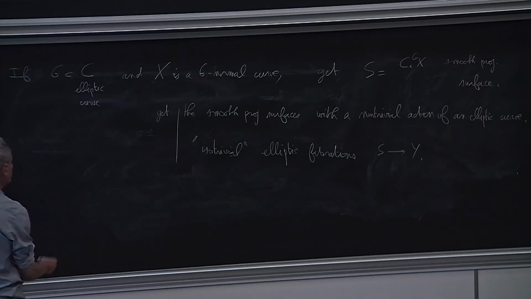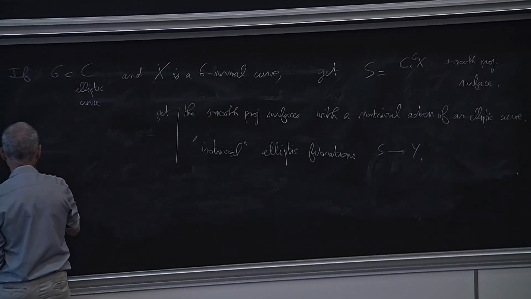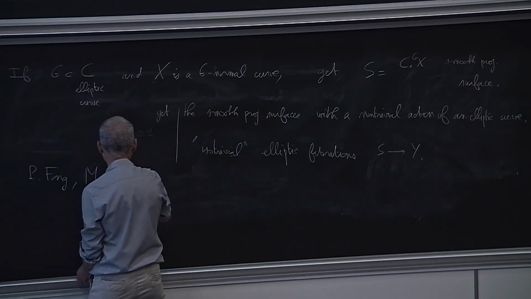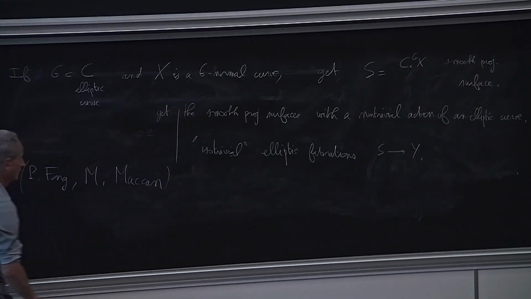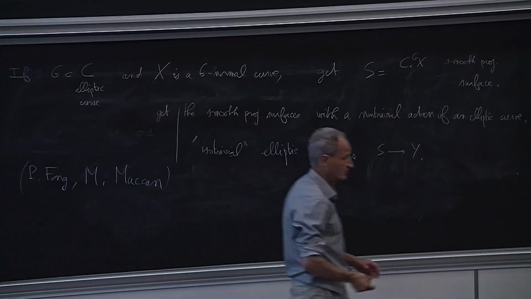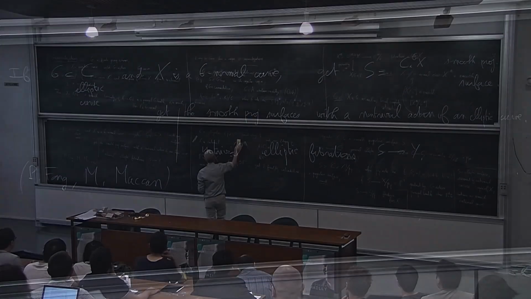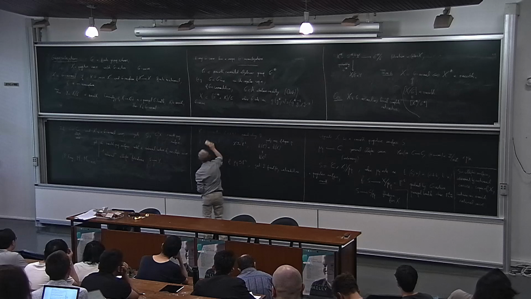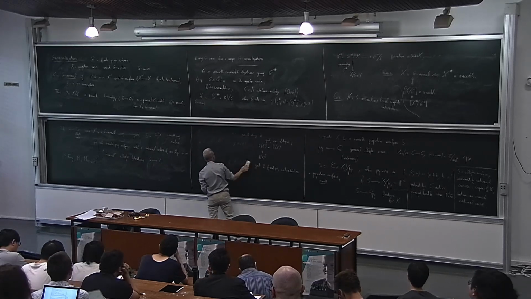Okay, and this has been studied recently. McCann, on the arXiv one month ago, and in this paper they needed a formula for the canonical bundle of these G normal curves. So I will state such a formula.